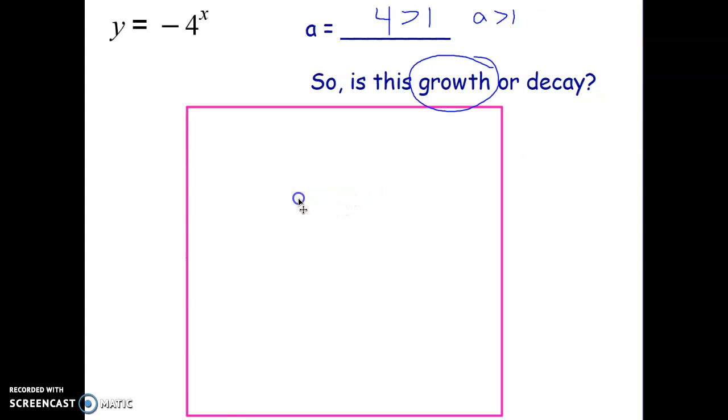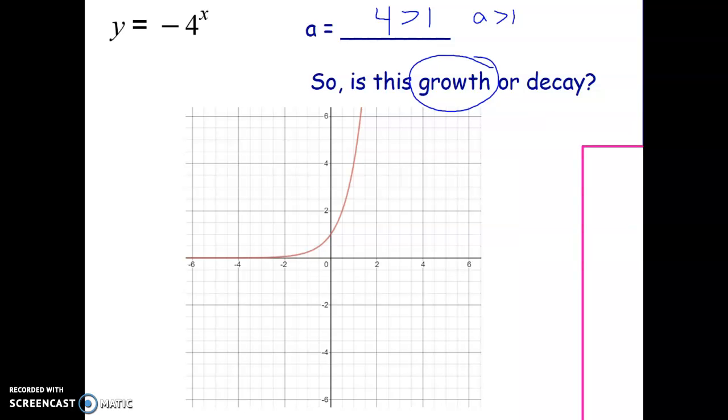Okay, so I have here the graph 4 to the x. And now let's look at what happens when I have that negative. Okay, what does the negative do? The negative is a reflection. So you can see right here, I graphed this with technology, so it appears that my graph is laying right on that axis right there, but we know better. We know that that is really an asymptote, and that the graph itself is slightly above the asymptote.